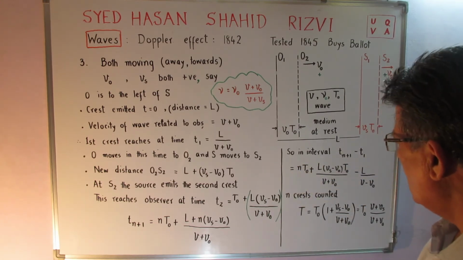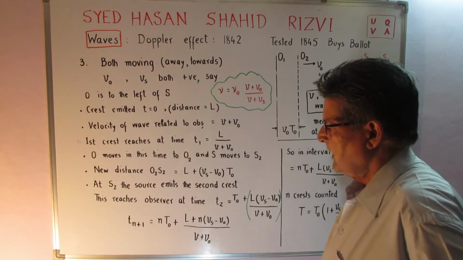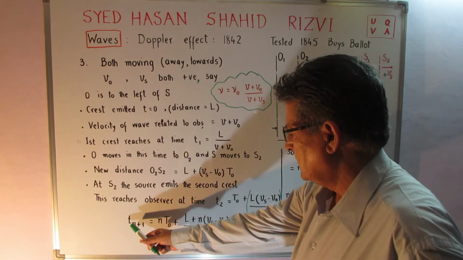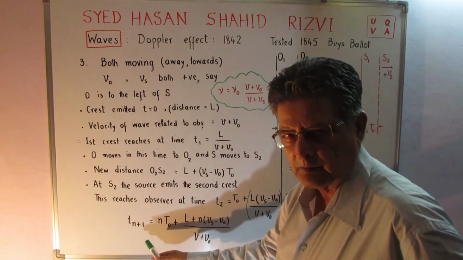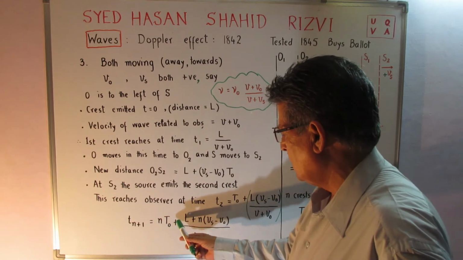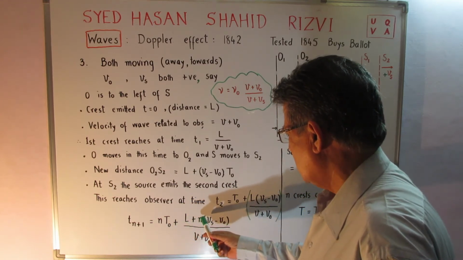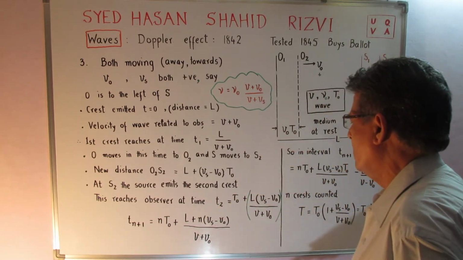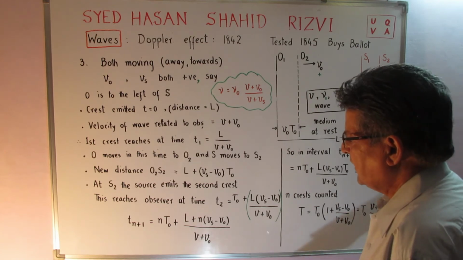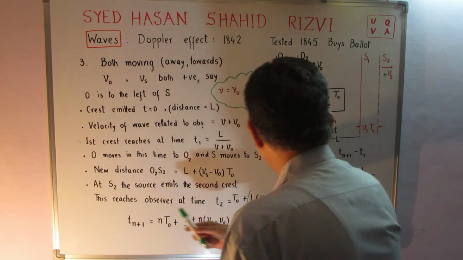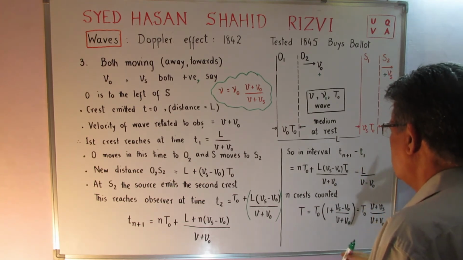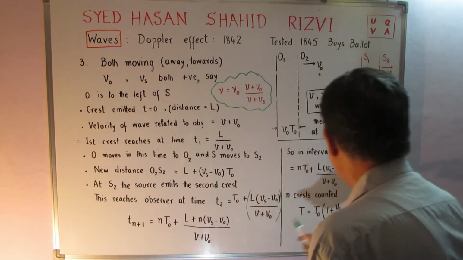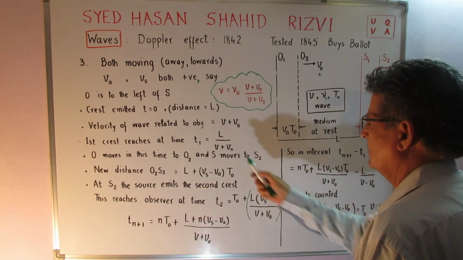If we talk about the nth crest reaching there, then the time t n plus 1 will be equal to n t naught plus L plus n (vs minus vo) divided by (v plus vo). So this interval, this minus t1, will turn out to be like this, the whole thing minus L upon (v plus vo).